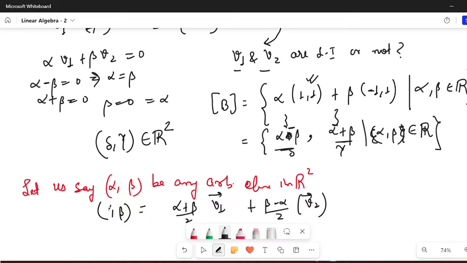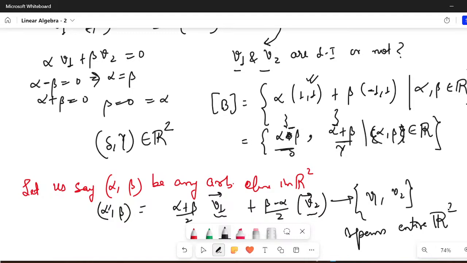So any vector alpha i cap plus beta j cap, or alpha comma beta, can be written in terms of v1 vector and v2 vector, where v1 vector and v2 vector are linearly independent to each other. So in this way I can say that v1 and v2 span the entire R square. Are you getting my point?